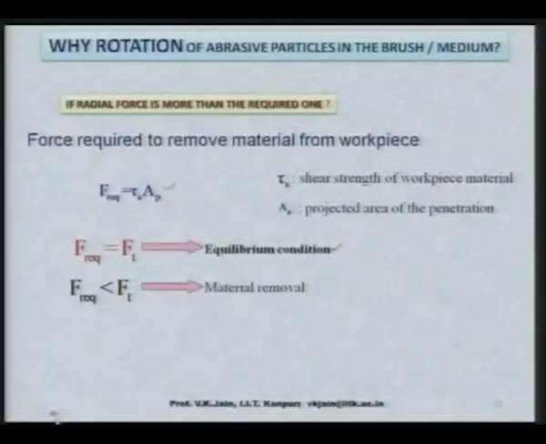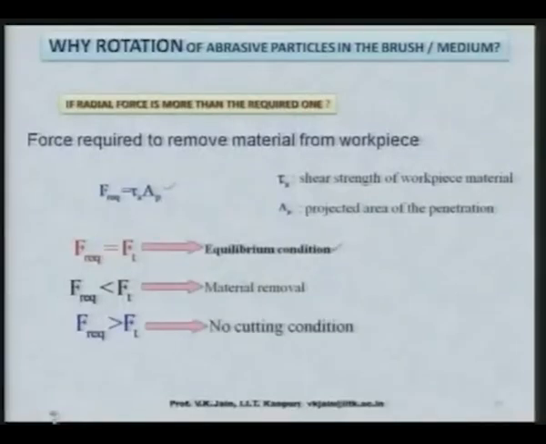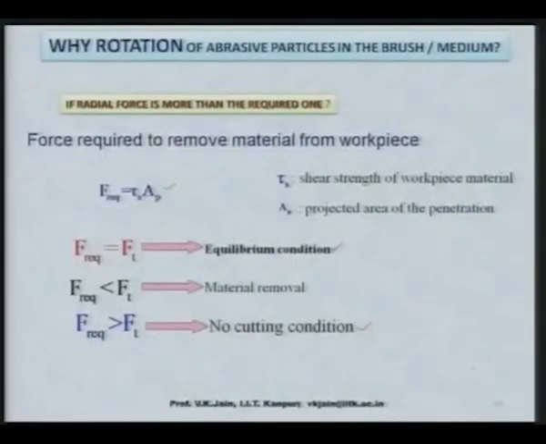If the required force is smaller than the cutting force acting on the abrasive particle, then the abrasive particle will move further and remove the material in the form of a microchip or nanochip. If the required force is greater than the force acting on the abrasive particle, then there will be no cutting. That means the abrasive particle will sit there inside the workpiece, and this is the condition we are discussing about the rotation of this particular abrasive particle.